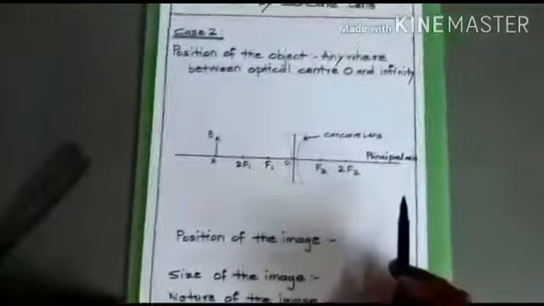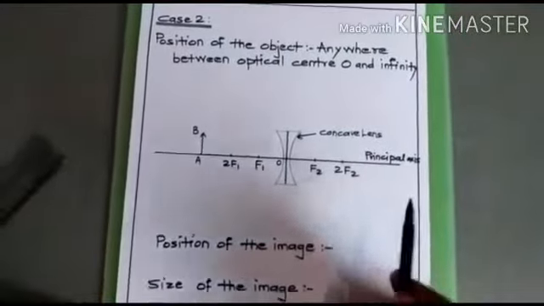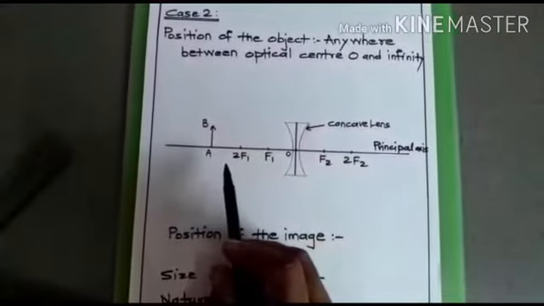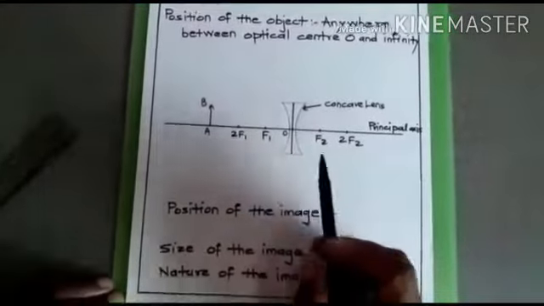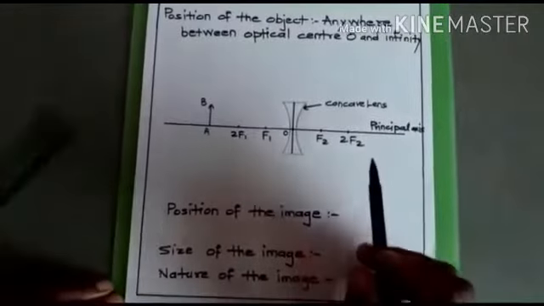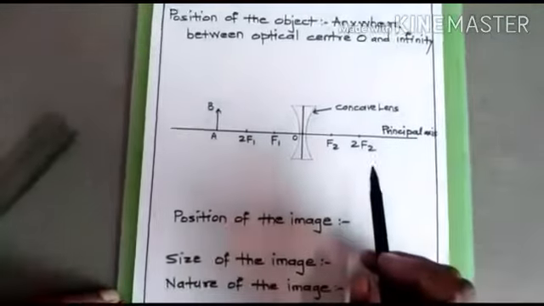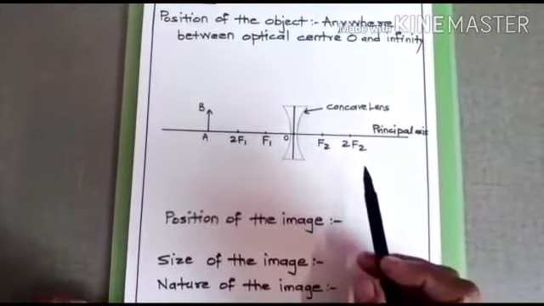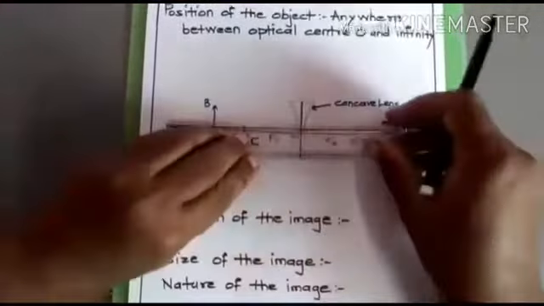Case 2. Position of the object anywhere between optical center and infinity. Use Rule 1. When the incident ray is parallel to the principal axis, the refracted ray, when extended backwards, passes through the focus.